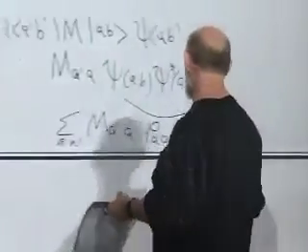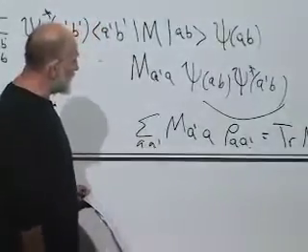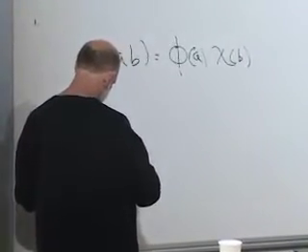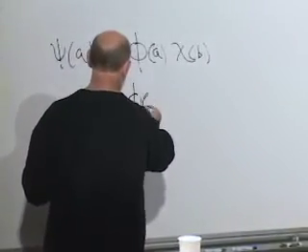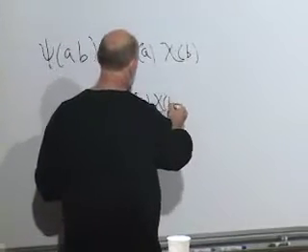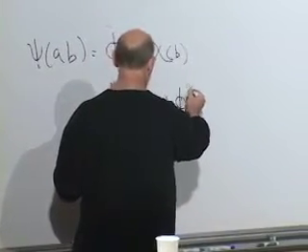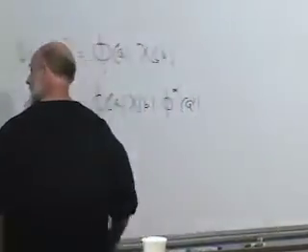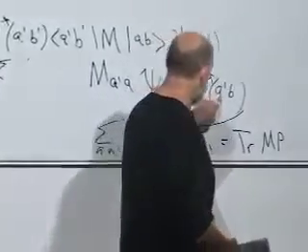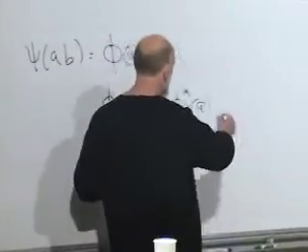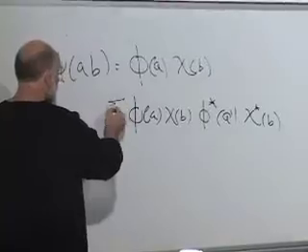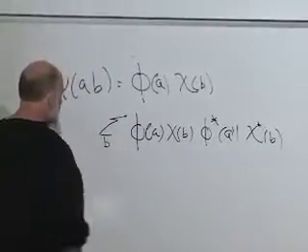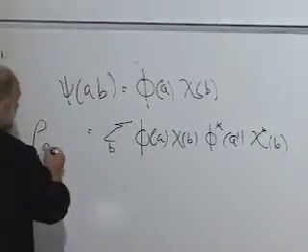So we have to take psi of A and B times psi star of A prime and B. That's phi of A chi of B times phi star of A prime, we have A and A prime, but B goes with B, times chi star of B, summed over B. That's the density matrix rho A prime.